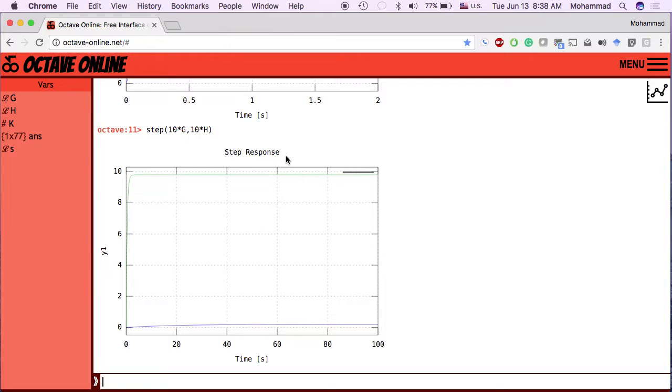And you can see that the response starts from 0 and gets very close to 10. And you can zoom in to see the actual number. So it gets to 9.8, which is within the neighborhood. We wanted this to be away by 2%, which is 0.2 in this case, and we have achieved it.